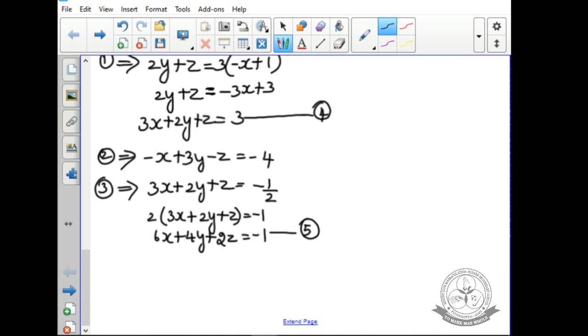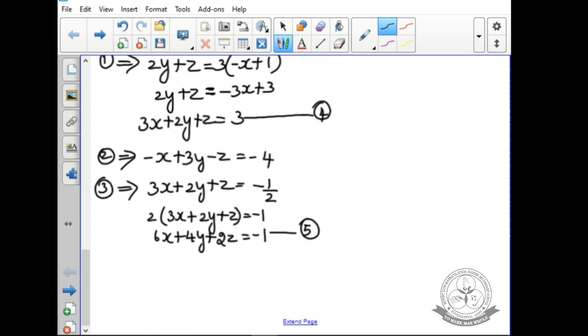In all these equations, we have the three variables x, y and z present. We have to eliminate one. In the fourth equation, you have plus z. In the second equation, you have minus z. If you add these two, the z term will get cancelled. Next, we have 2z in the fifth equation. We can take either the fourth equation or the second equation.